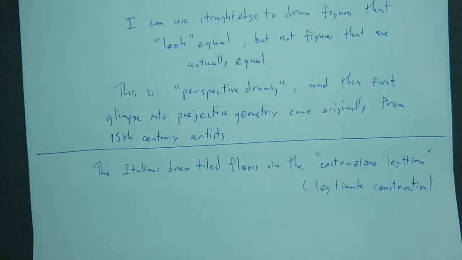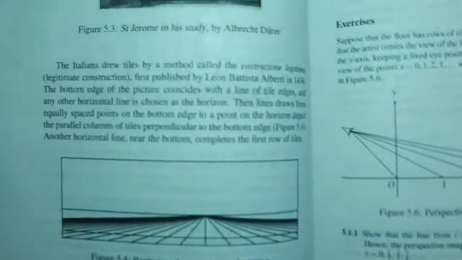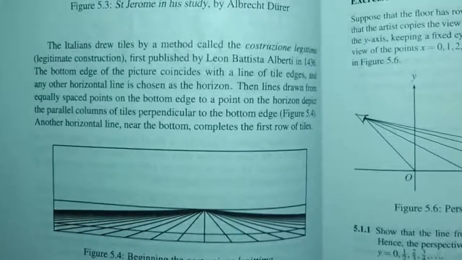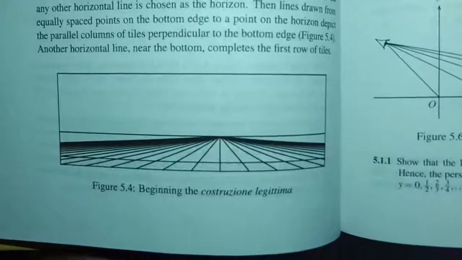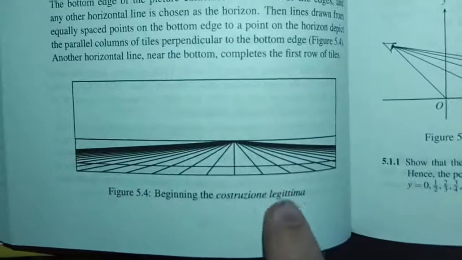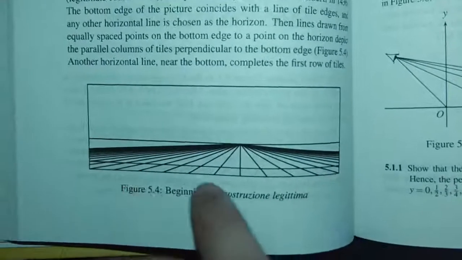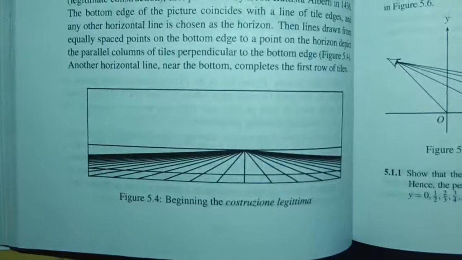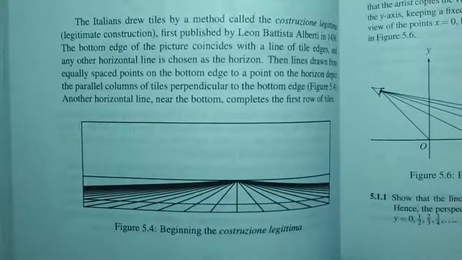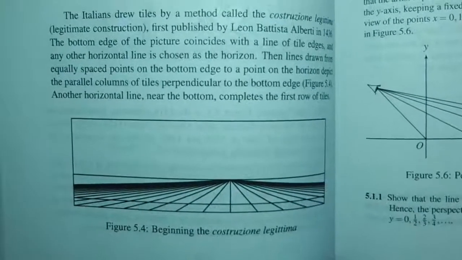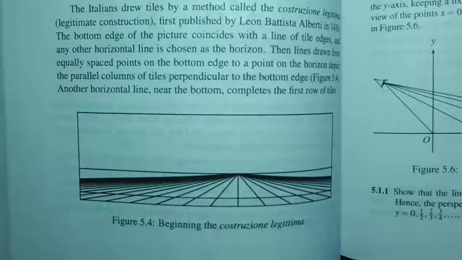Well, the idea is you can construct it as a rectangle first if you really wanted to. The idea here is that you start with a line at the bottom of equidistant points. You might have objections here, and I'll talk about that next time.